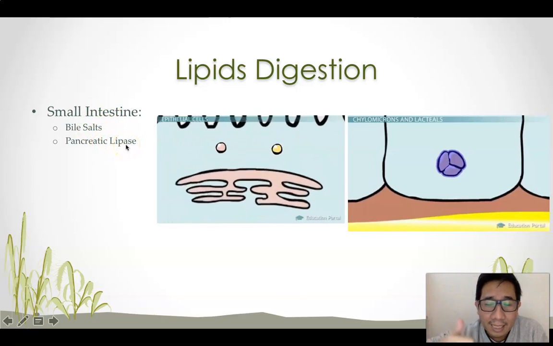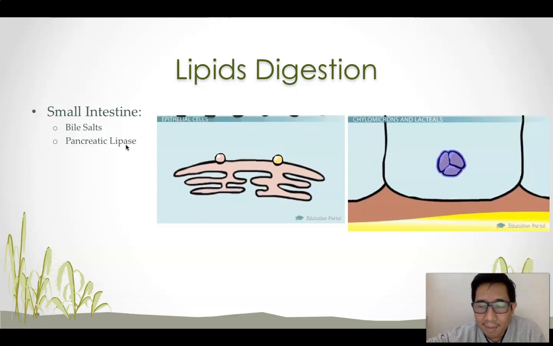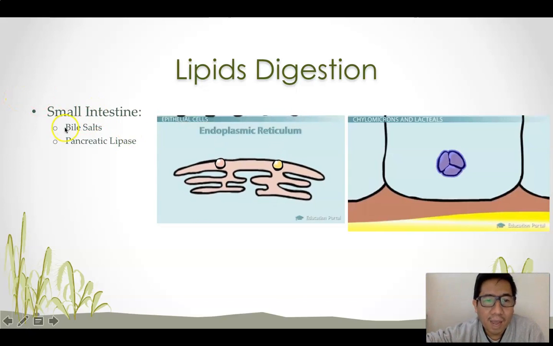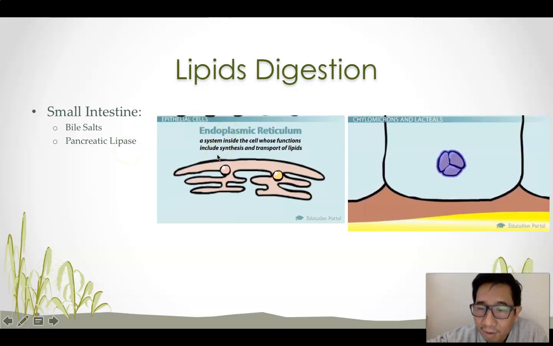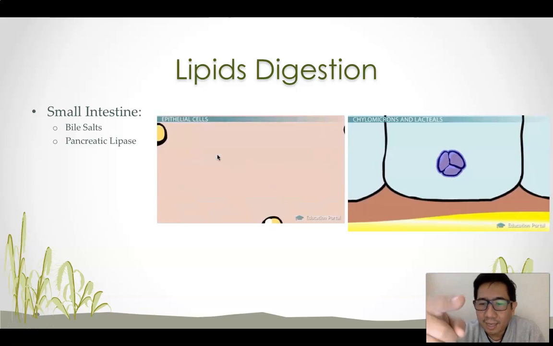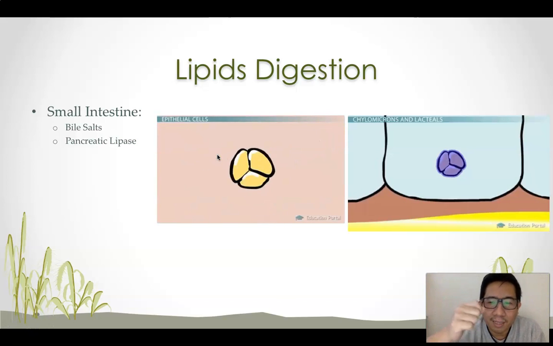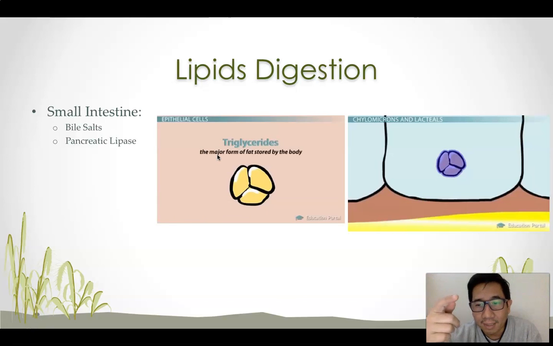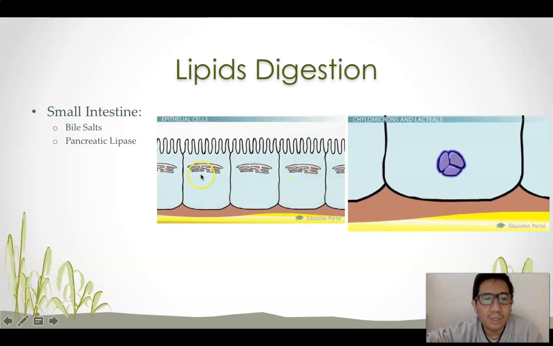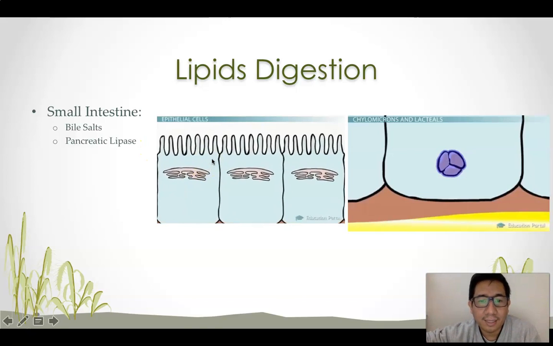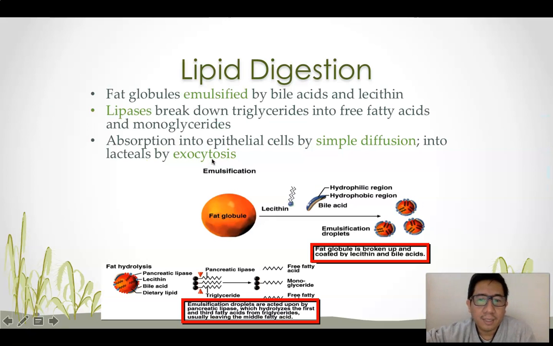One is lipase, pancreatic lipase, and then you have the bile salt. Bile is made by the liver, stored in the gallbladder, and released to break down fat. Okay.